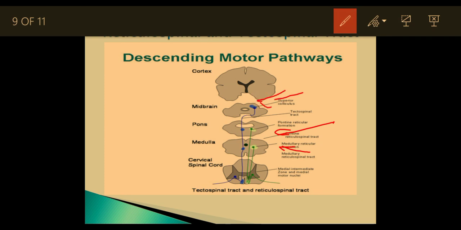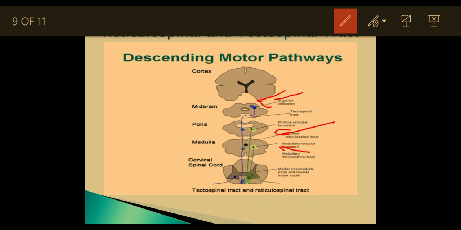After origination from the superior colliculus nucleus of the midbrain, the fibers cross to the opposite side at the midline, and then descend downward in the anterior white column through the pons and medulla, reach the spinal cord segment through the anterior white column and extend up to the lower cervical segment.